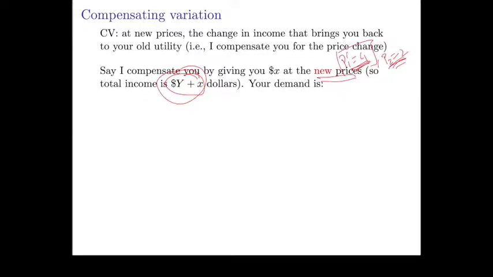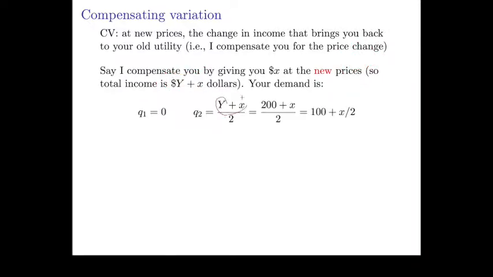So you're going to spend this entire Y plus X dollars on good 2. The price is 2, so, remember Y is 200, you can afford to buy 200 plus X divided by 2, or in other words, 100 plus X over 2 units of good 2, and you don't buy any of good 1.